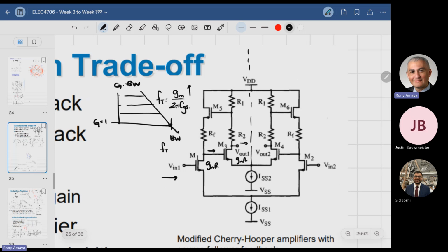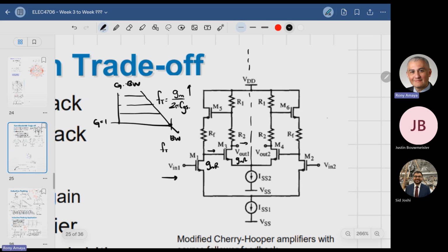How can I take advantage of IS1 and IS2? Well, there's two. IS1 allows me to control the bandwidth, right? This is really going to affect the input capacitance. With IS2, I can keep the bandwidth the same, so the Cin stays the same, but I can actually increase the gain. So I have independent control of gain and bandwidth.